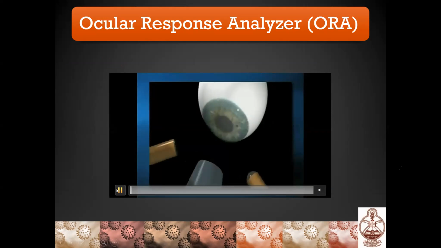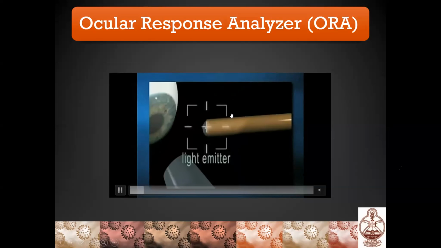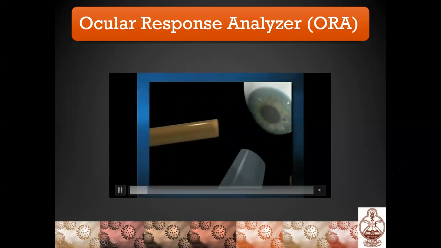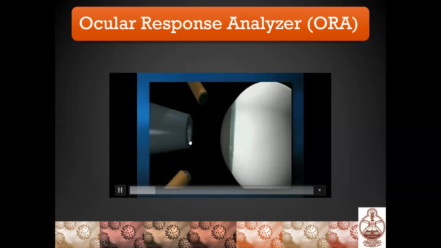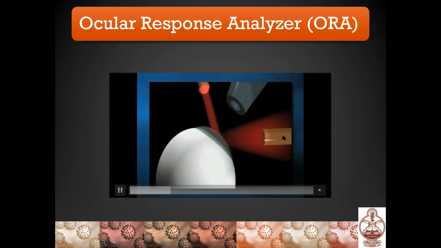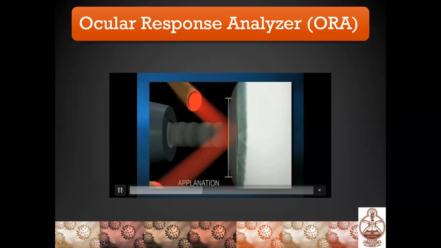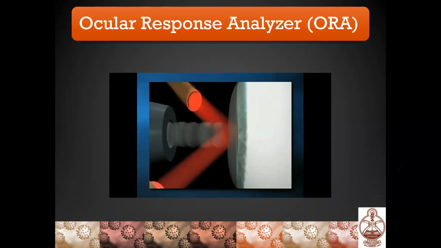Here you can see the area from where the air jet comes. This is the infrared light emitter. This is the detector, and this is the pressure transducer area. When the infrared collimated beam is thrown onto the surface of the cornea, it is non-focused at the detector level. The air jet puts pressure on the surface of the cornea so that it is pressed inside. At the point where the reflected beam on the detector becomes collimated, this is recorded as the first applanation.